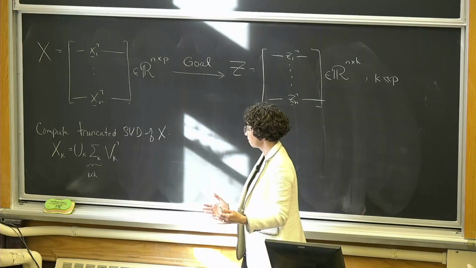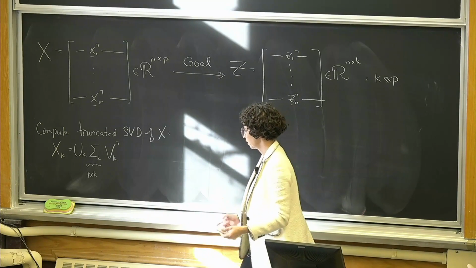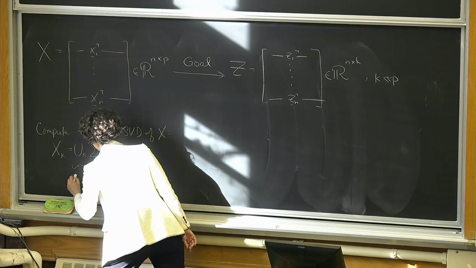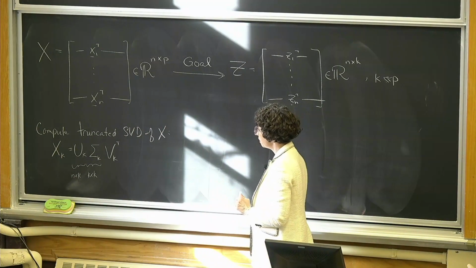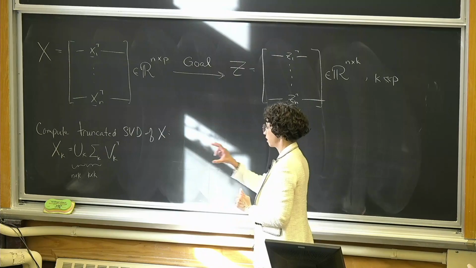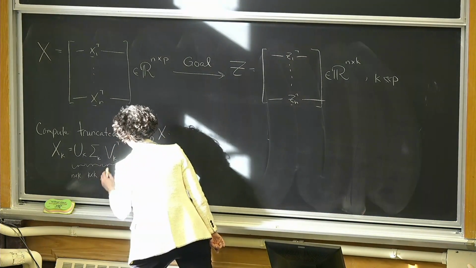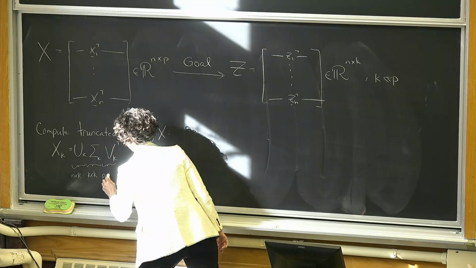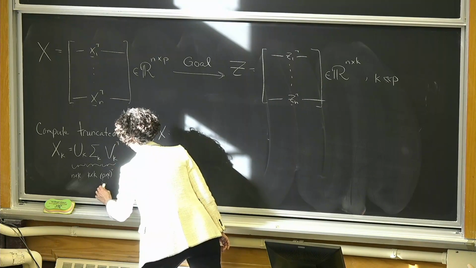So we're only keeping the top K singular values. UK is going to be an N by K matrix. So I now have K different columns in U. And VK is going to be P by K, and then we transpose that, so V transpose is K by P.